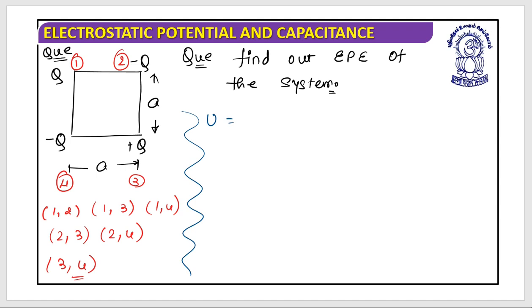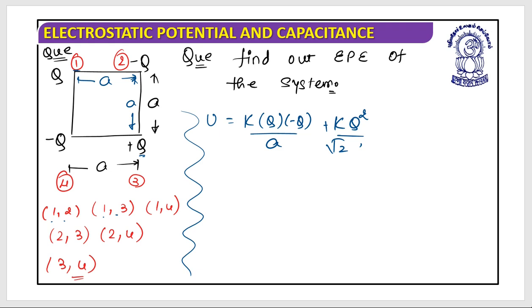U should be equal to 1 comma 2. This is first, this is second, so this is k into q into minus q divided by their separation. Now it's 1 comma 3. This is first and this is third, so this is plus kq square divided by their separation. This is a, even this is a, so their separation is root 2 a according to Pythagoras.